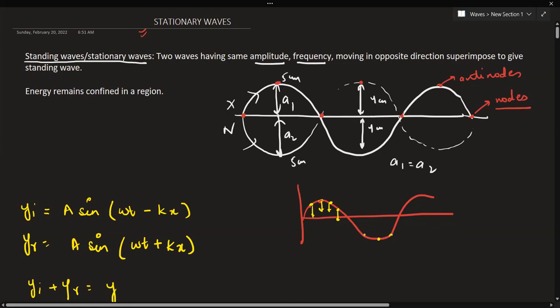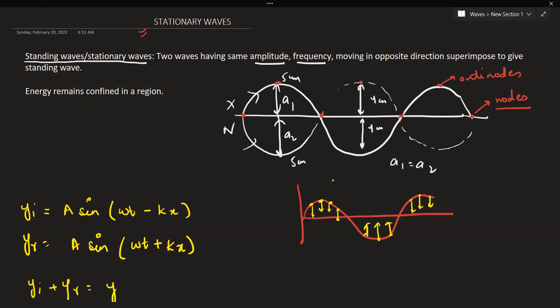If the particles are in this space, then they will execute SHM. Fine. And also remember that in a stationary wave, the particles at nodes always remain at rest. The particles that are present over here always remain at rest.